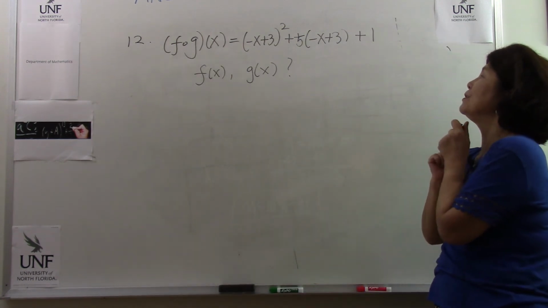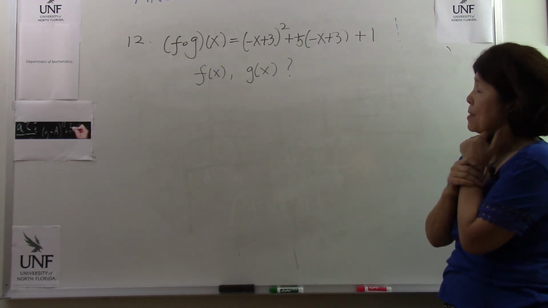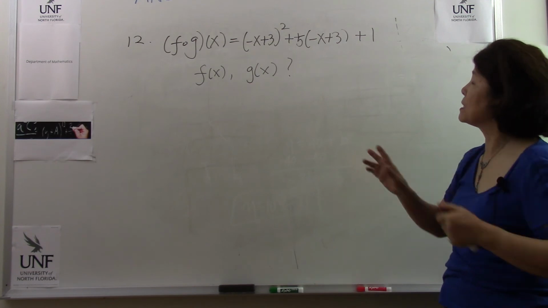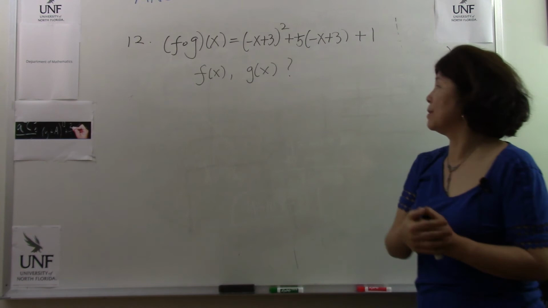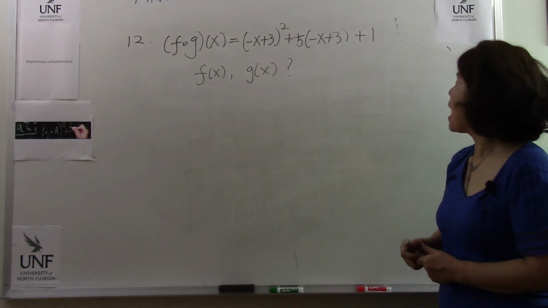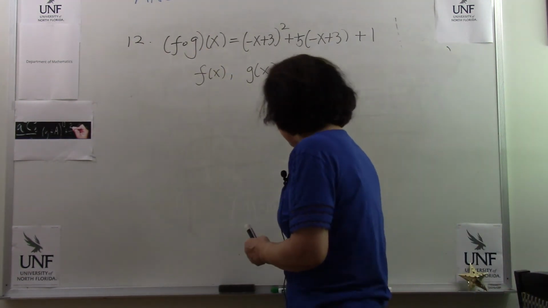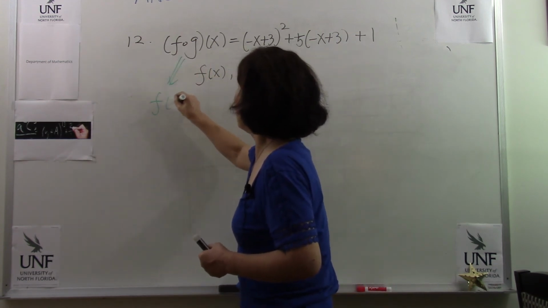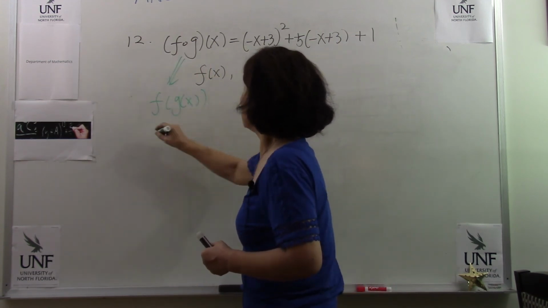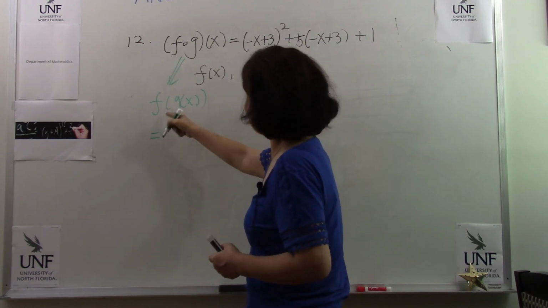Observe this composition. Do you see something repeating over here? For example, negative x plus 3 here and negative x plus 3 is in here. Based on this, this composition means f of g of x.